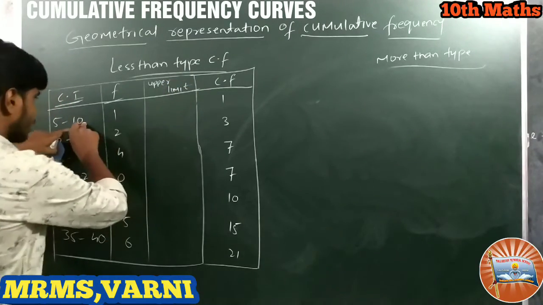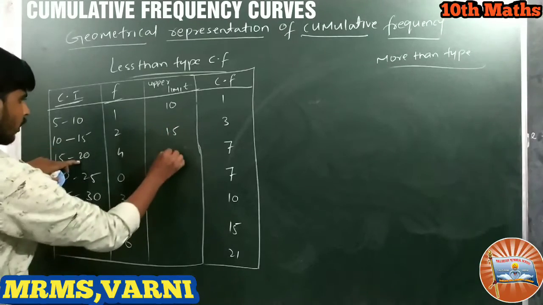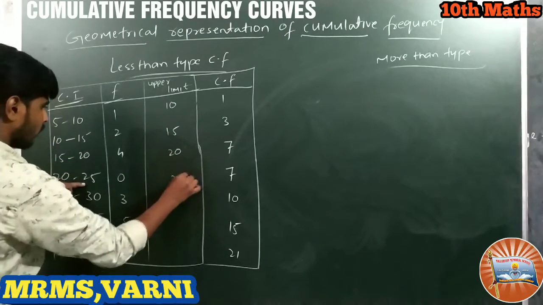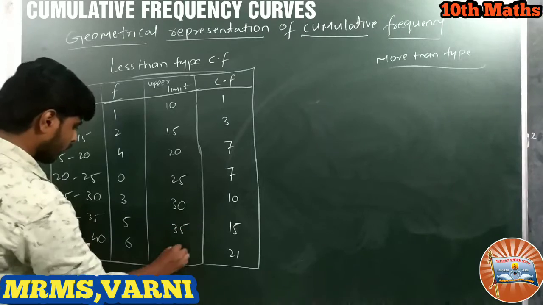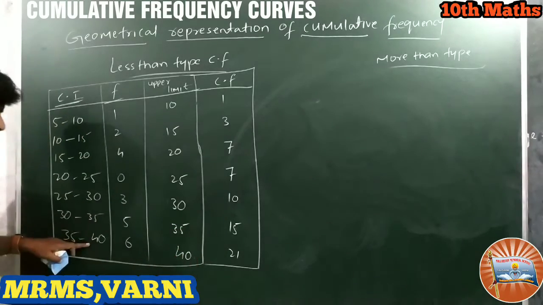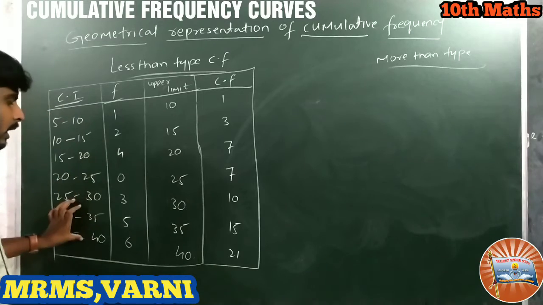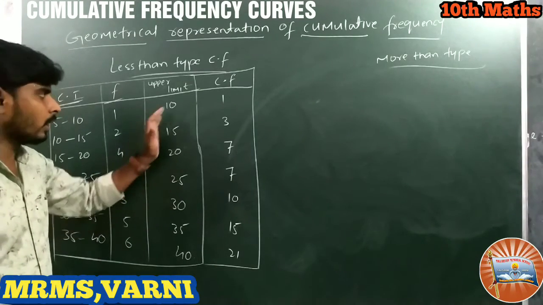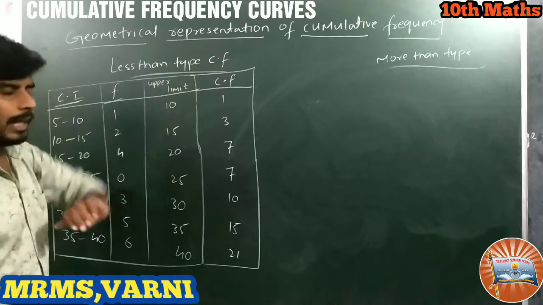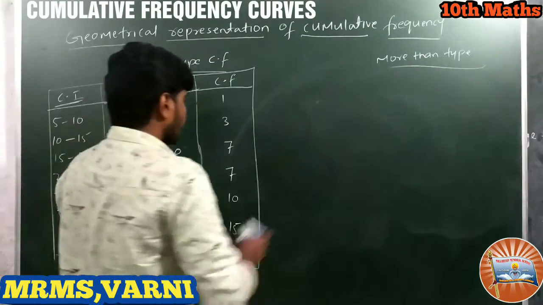We have 10 as the upper limit for the first class interval, and 15, 20, 25, 30, 35, 40. These are the upper limits for these class intervals. So we need to take upper limits on the x-axis to draw a less than type cumulative frequency curve.